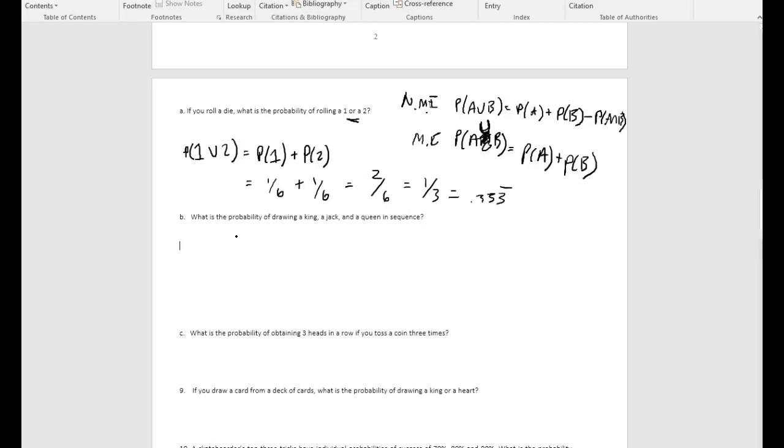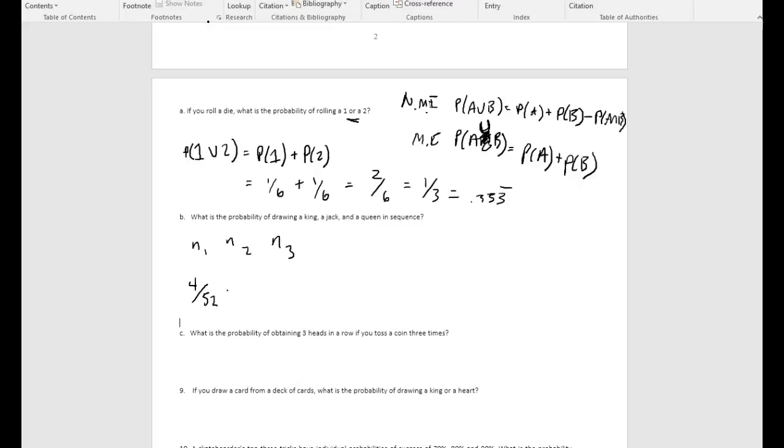What is the probability of drawing a king, a jack, and a queen in sequence? Okay, so this would be multi-step. We have a first step, a second step, and a third step. So we'll say drawing the king, the jack, then the queen in sequence. What is the probability of drawing a king, first off? There's 4 kings in the deck, divided by the number of cards in the deck, so 4 of 52.